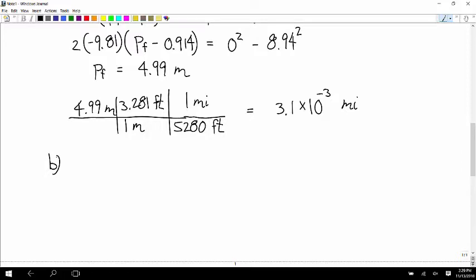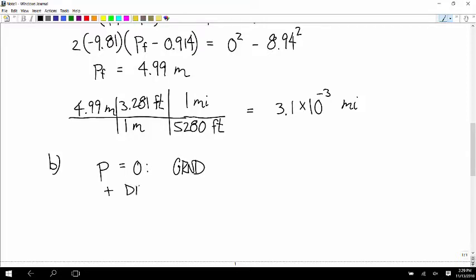And then for part B, it asks how much time it takes for it to go from being thrown up in the air to hitting the ground. So the key thing here is, we can still keep a lot of this stuff the same. Our p equals 0 can still be the ground.